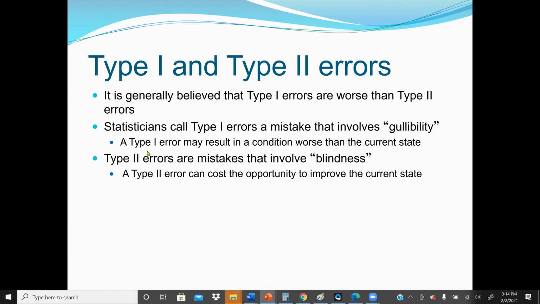According to statisticians, type 1 errors are a mistake that involves gullibility. Type 1 error may result in a condition worse than the current state, but type 2 error can cause a missed opportunity to improve the current state. So type 1 error is more serious.